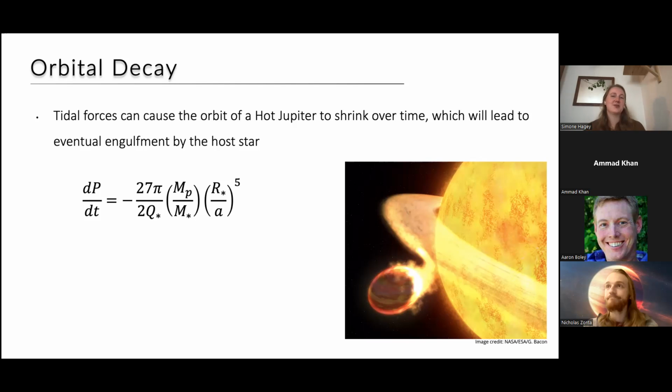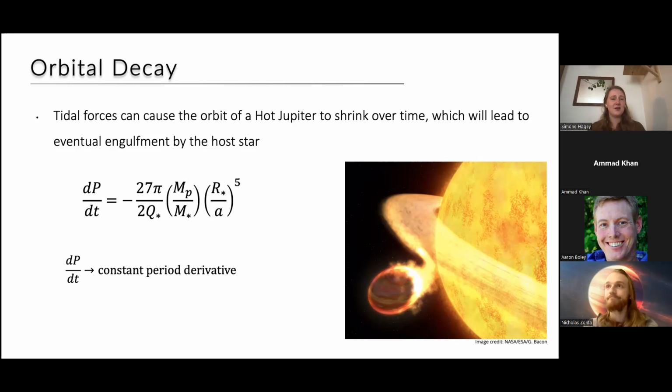Tidal orbital decay is where the orbit of this ultra close hot Jupiter shrinks over time until eventually it's fully engulfed by the host star. I love this artist's interpretation of WASP-12b, where you've got this incredible mass loss as the planet is dying. This equation here is how we can express this phenomenon.